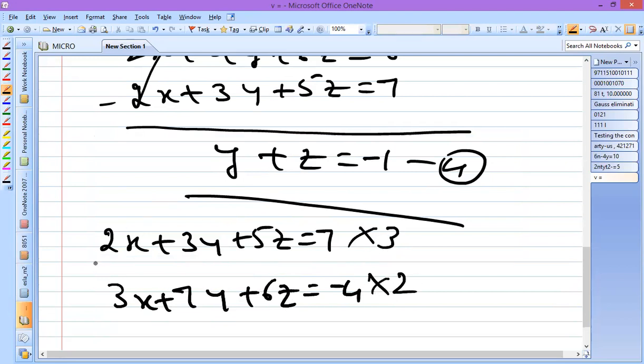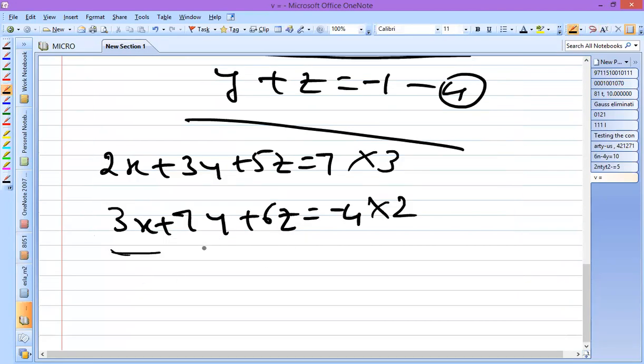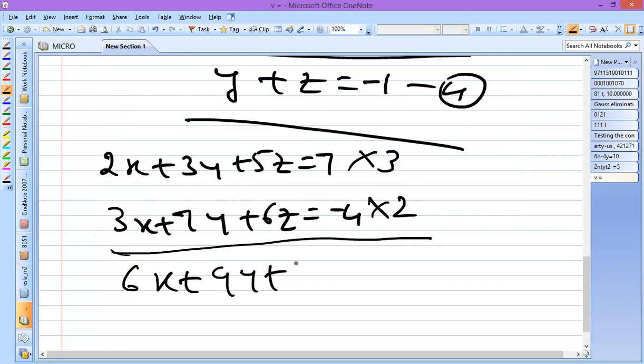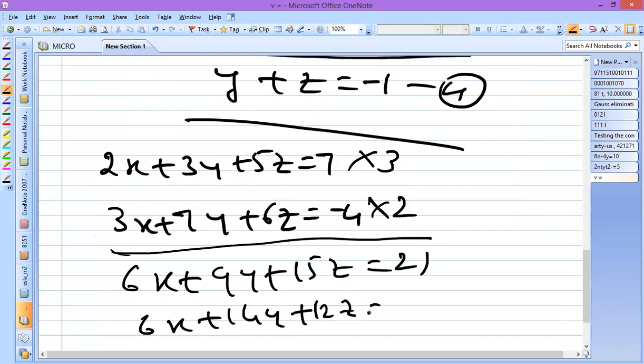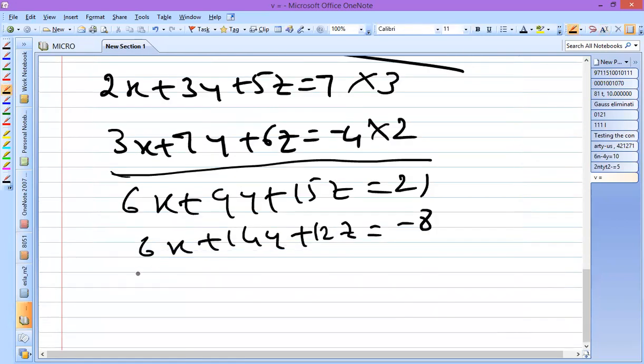Whatever the coefficients we have here, we are just cross multiplying. So now 6x plus 9y plus 15z is equal to 21, and 6x plus 14y plus 12z is equal to -8. Subtracting, what do you get?